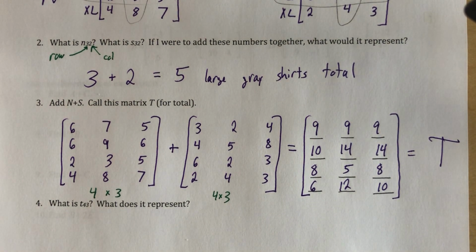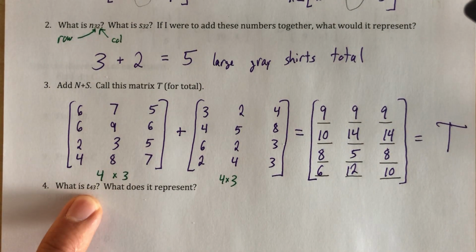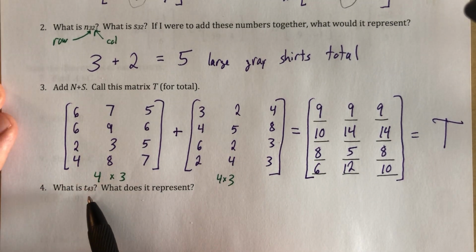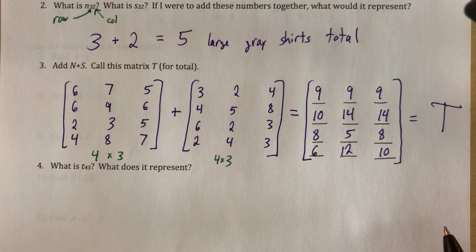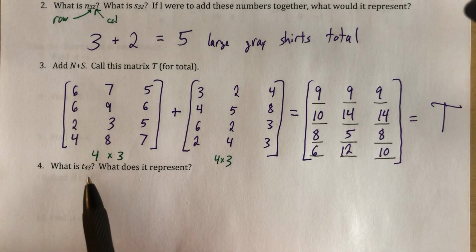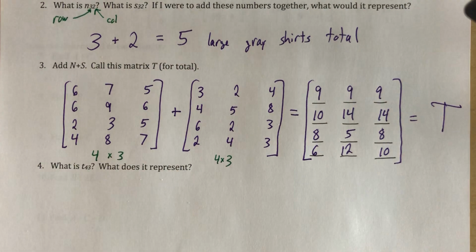I mentioned this earlier: if I would have asked you for something beyond these dimensions, like T 10, 6, well, I don't have 10 rows and 6 columns, right? If I come up with something beyond what I have, then I would say it's undefined because it's not defined.